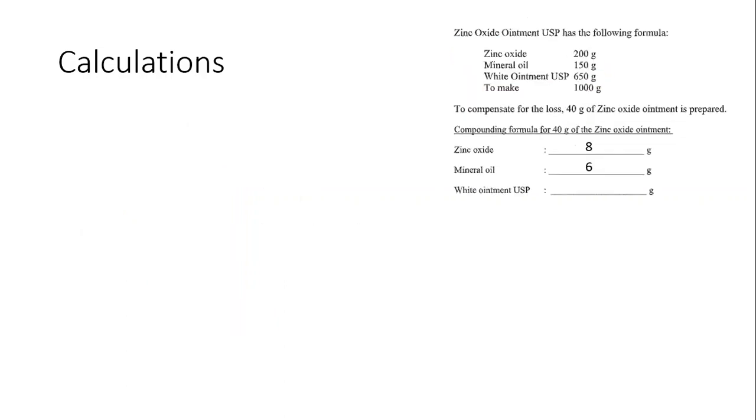The last component we need to solve for is white ointment USP. But remember, this was something that we were going to need to compound. First, let's start off by calculating how much our formula actually calls for. So we need 650 grams to make a total of 1,000 grams. We're going to be solving how much we need in our total of 40 grams finished ointment.